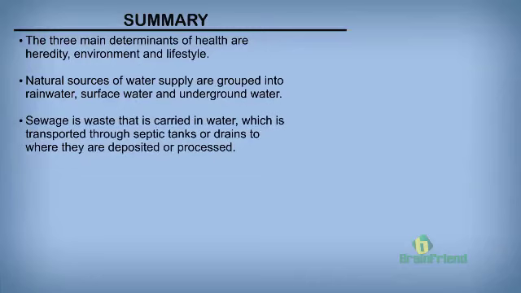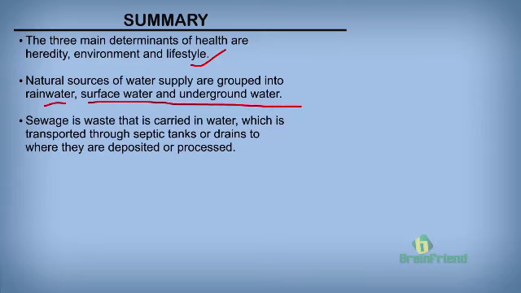With this, we have come to the end of this lesson. A quick summary. We said that the three determinants of health are heredity, environment, and lifestyle. We said that the natural sources of water are grouped into rainwater, surface water, and underground water.